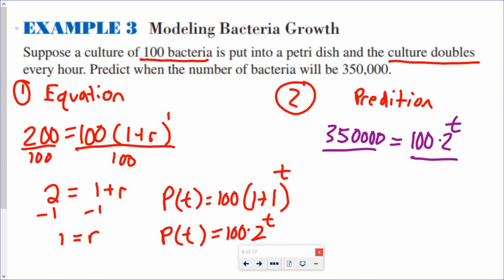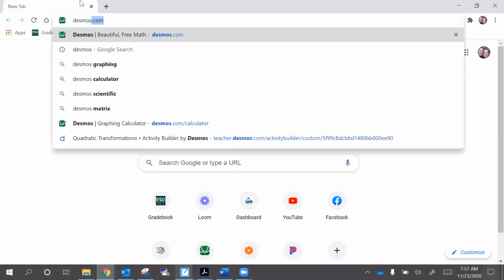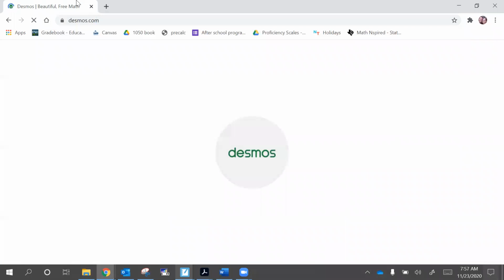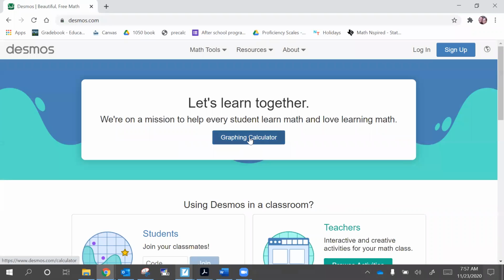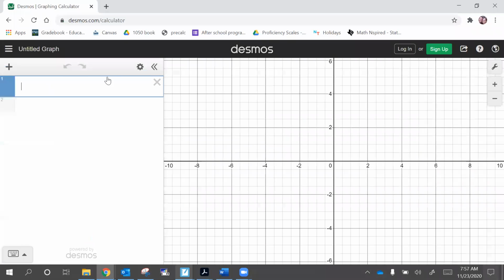So I'm pulling up my internet here, and let's drag this over. It's going to take a little bit of a modification to get the right graph, but let's do this together. So I'm pulling up Desmos here, and let's put in our first equation, which I think was 100 times 2 raised to the t, but we're going to let that be x.